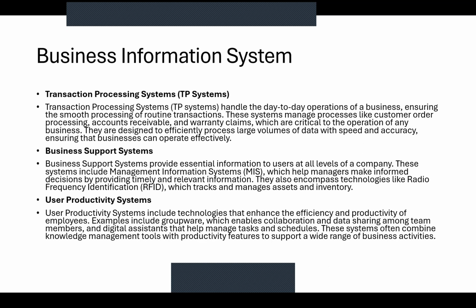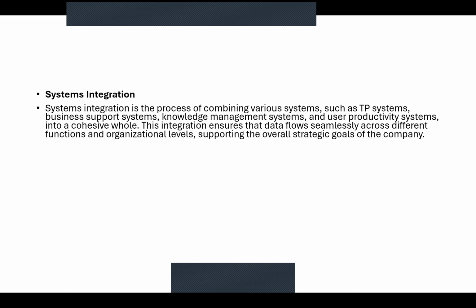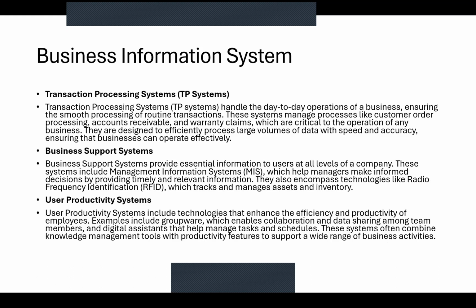So an information system consists of a transaction processing system, business support system, and user productivity system. Integration is the process of combining various systems. Consider that you have these three systems, and then you have to integrate them into one to make it operational.